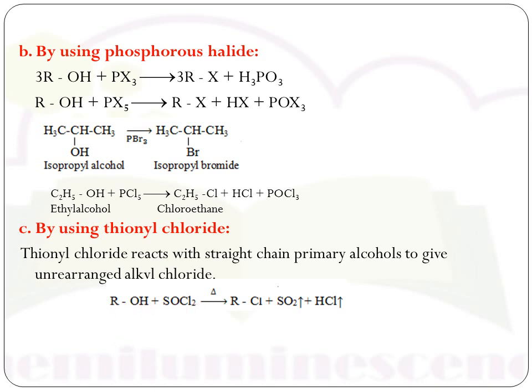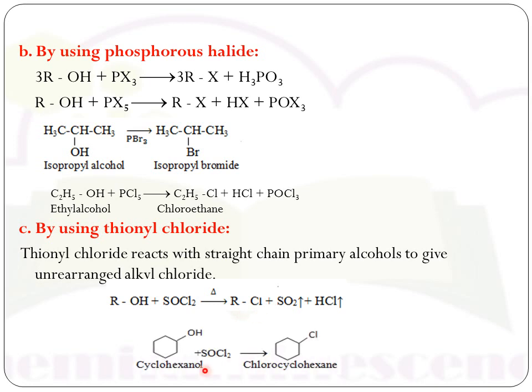This is the best method for preparation of alkyl chloride, because here you can see when alcohol reacts with thionyl chloride, the OH group gets replaced by chlorine and forms alkyl chloride, and two side products are formed, that is sulfur dioxide and hydrogen chloride. Both are in gaseous form, that's why they can easily escape and pure alkyl chloride is obtained.